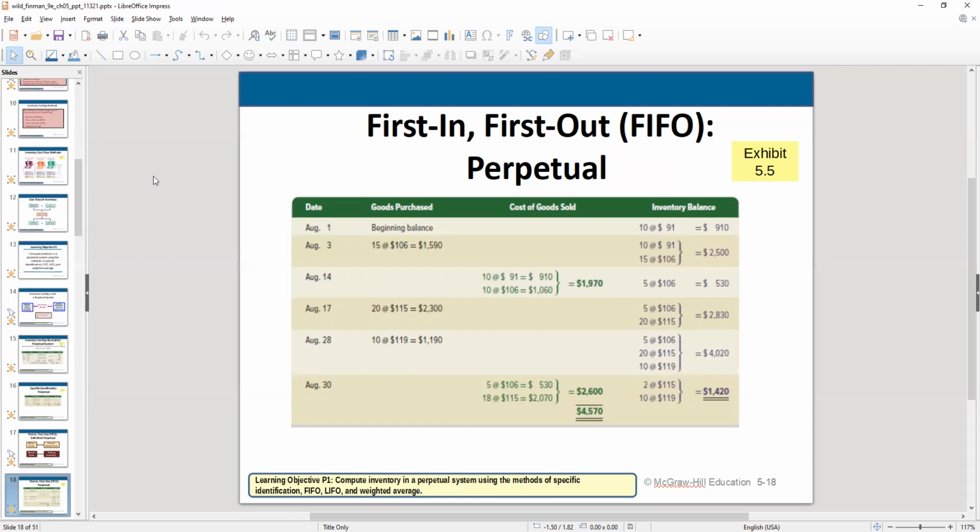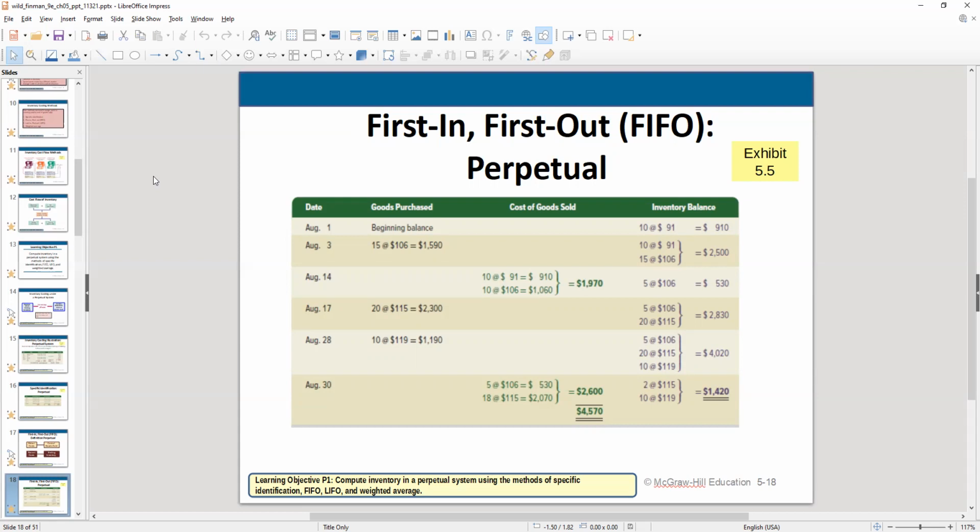On August 14th, we had a sale. We sold 20 bikes. Now we have 25 bikes in inventory. So we got to figure out what costs are going to get assigned to the sale and we're going to record this as cost of goods sold because we're looking now at the cost of goods sold column when we're going to analyze this transaction. So first in, first out.